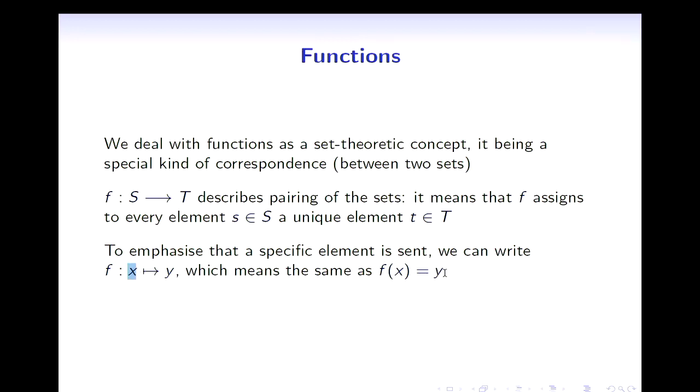So if we take the floor function, then I might say that the floor function has the property that it maps 3.5 to 3. And then I would use this arrow when I talk about one specific element, whereas when I talk about the general, as we sometimes call it, signature of this function, I would say it maps real numbers to integers.